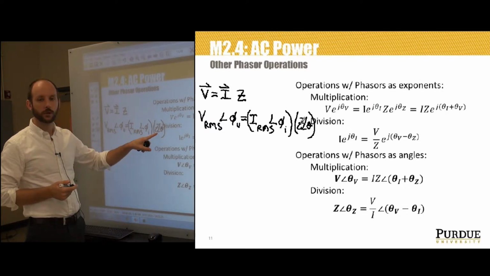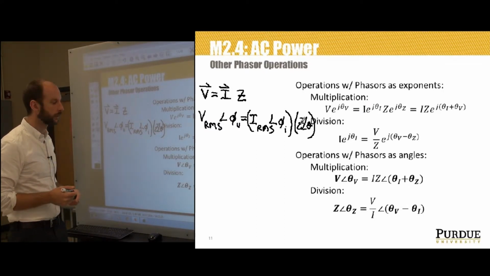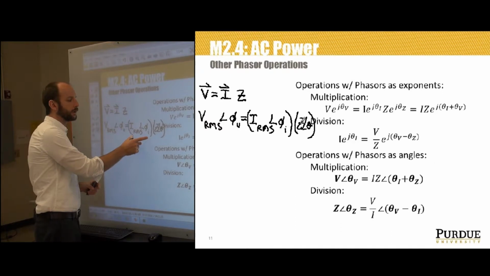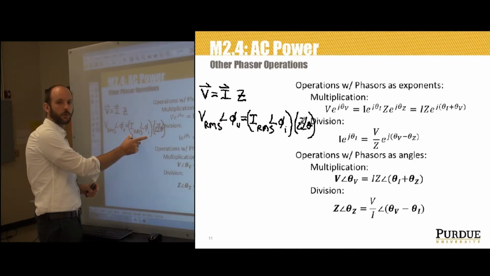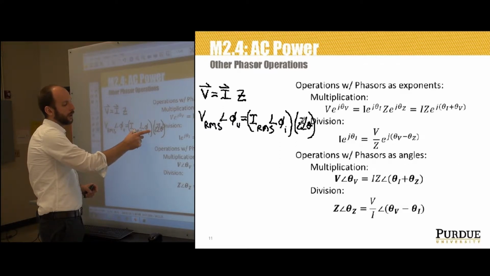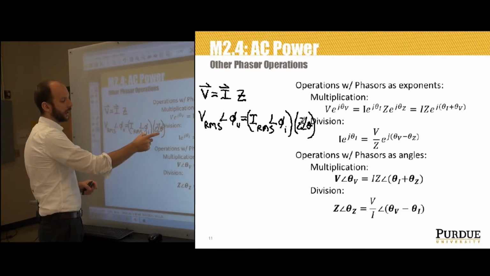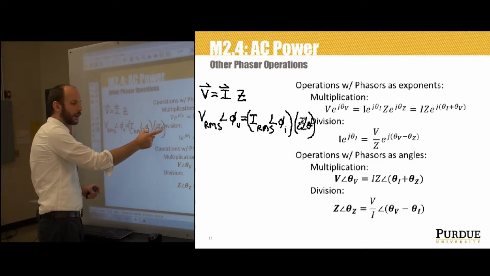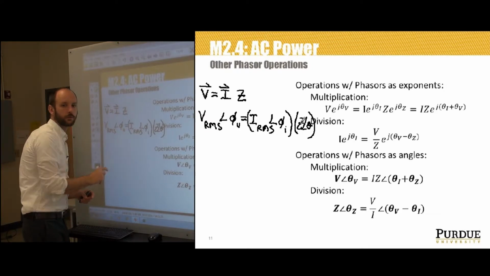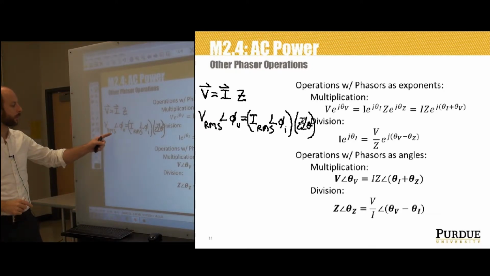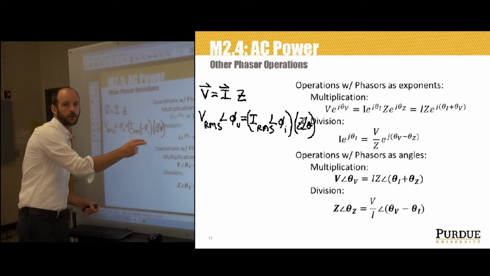This just represents the combination of resistance and reactance. If I've got some sort of current waveform, the product of the magnitude of the current and the impedance has to equal the magnitude of the voltage, and the sum of the angles has to equal the phase shift of the voltage. Very important. It's internally consistent.